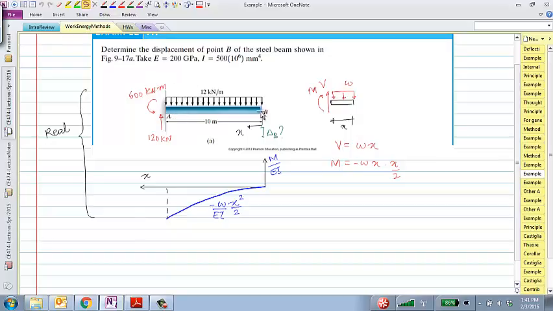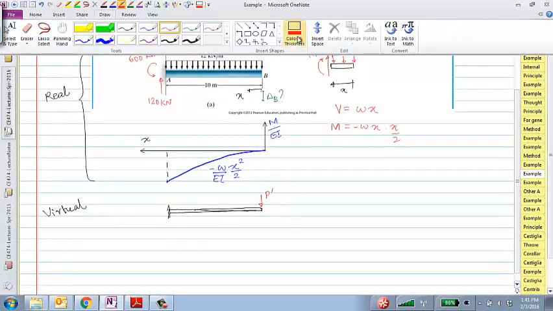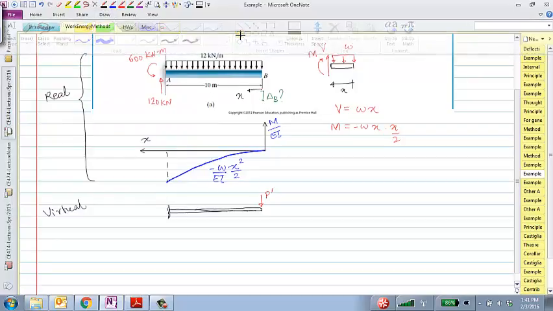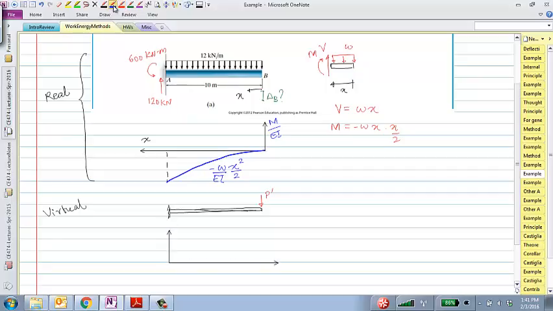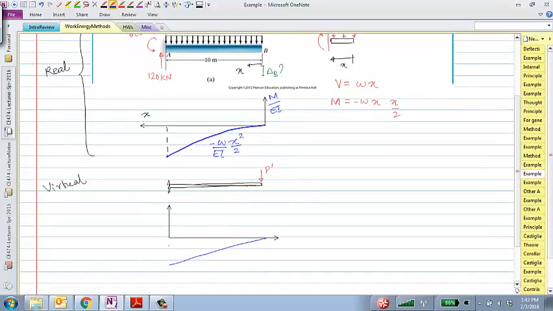The question simply says we have a cantilever beam with a uniformly distributed load, and we want to find the vertical displacement at B. So of course, for the virtual system, we're going to apply a virtual P prime at the point at which we want to calculate the displacement, and the bending moment diagram due to this virtual load would be something like minus P prime times L. If I measure X from the right, then it's simply minus P prime times X, right?